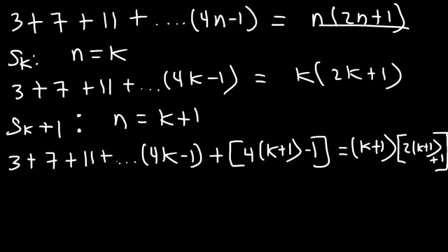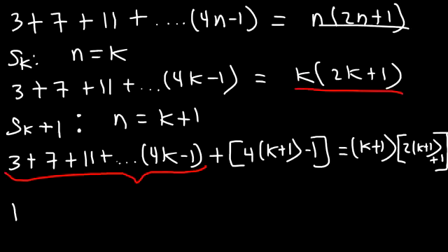Now we need to prove that the left side and the right side are equivalent to each other. Now notice that this expression is equal to k times 2k plus 1. So therefore, this portion of the equation has to equal k times 2k plus 1.